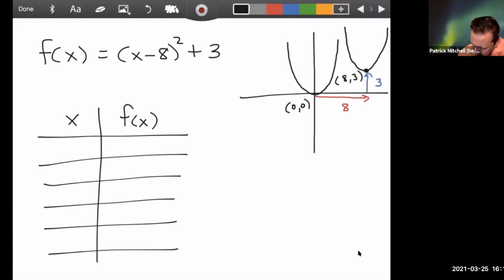Okay, so right in the middle, I'm going to put the vertex point, which is 8. And we already know that the y value that goes with that is 3. All right, so let's focus on getting 2 other points to the right of the vertex, let's say at 9 and 10. And then we'll use our symmetry to get the other 2 points.